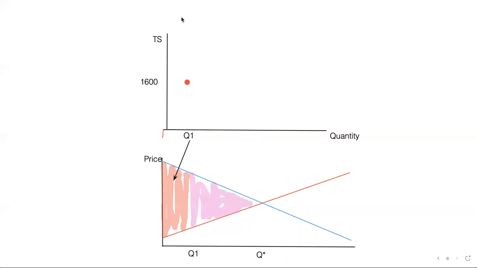So at Q star, if we plotted total surplus, now I'm going to make it pink, it'd be some bigger number. I'm just going to say it's going to be something like $3,000 worth of total surplus. Okay. Does that make sense, Gilbert?